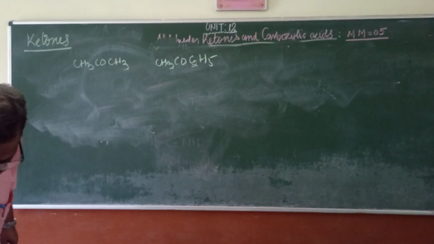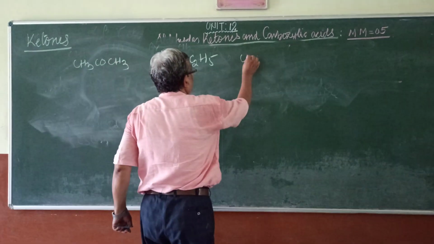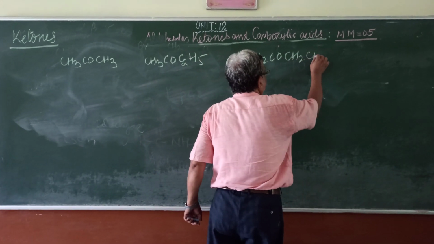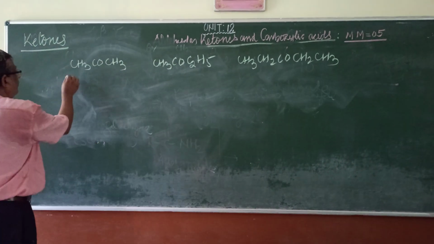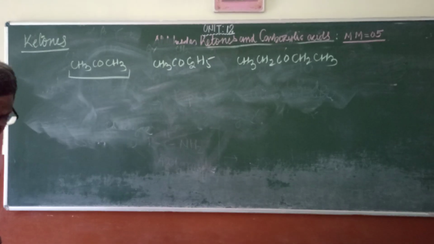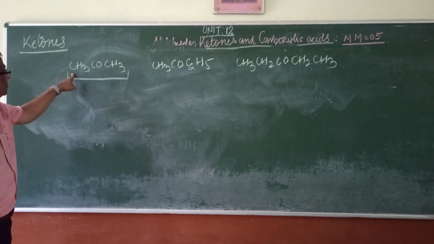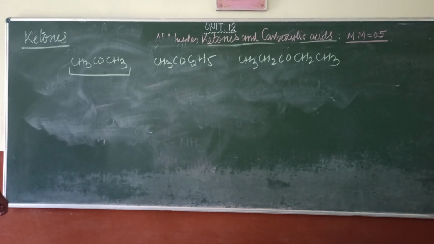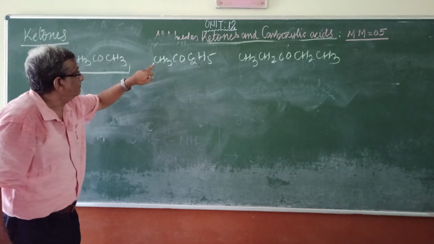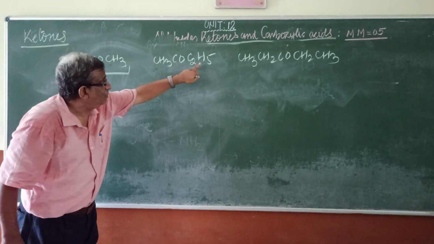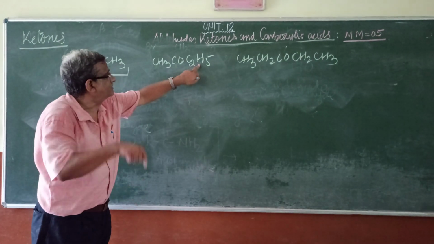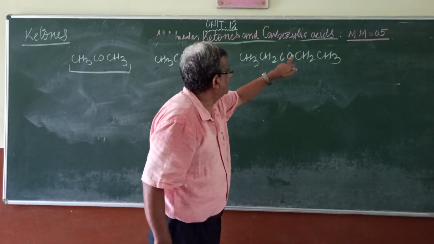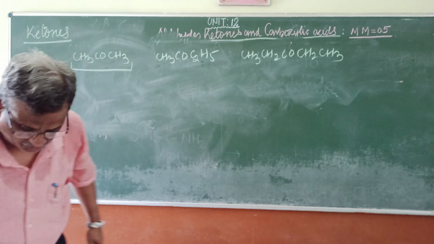One more example, CH3 CH2 CO CH2 CH3. In the common system, we call the first dimethyl ketone. Now this is called ethyl methyl ketone. I use ethyl first because E comes first alphabetically. Now here both are ethyl, so I can say diethyl ketone.